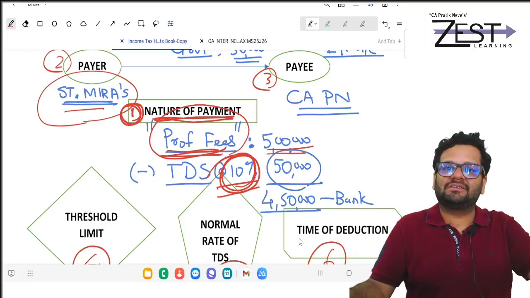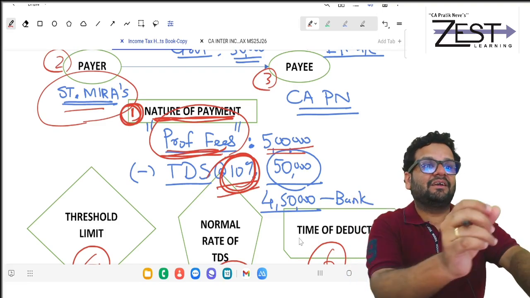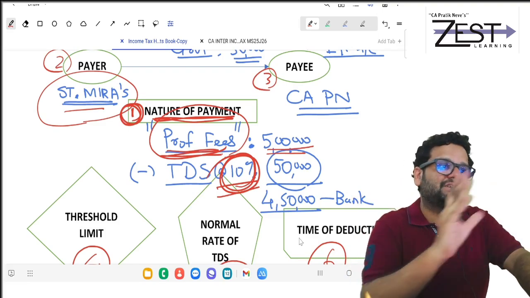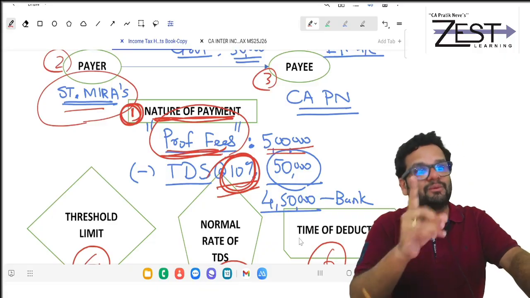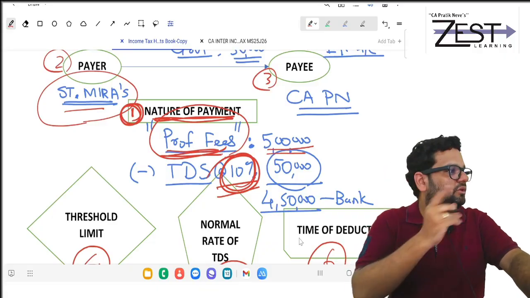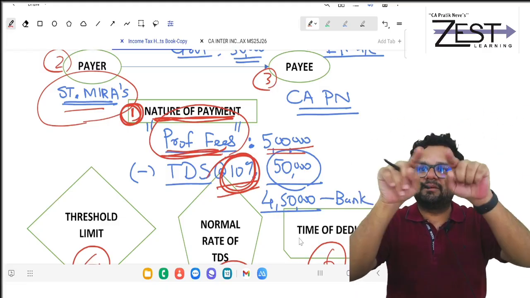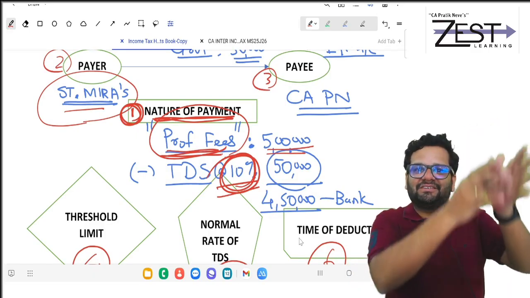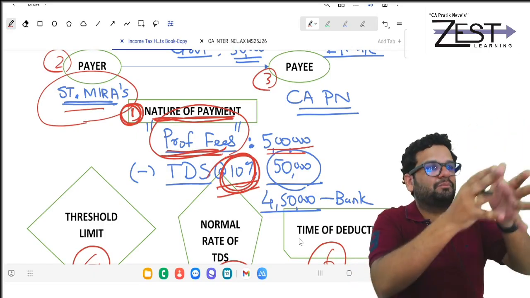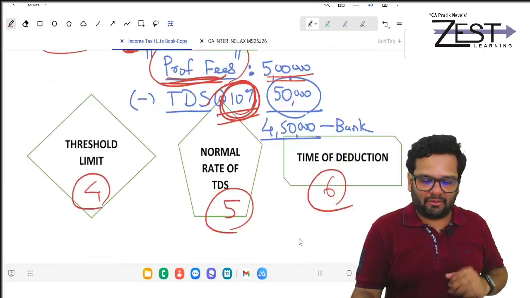Otherwise, in all cases, they will tell you directly TDS should be at what percent. Headache is you have to remember all of them. But good thing is we will do family. What family? Same percentage at one place. See, I'll tell you one by one.